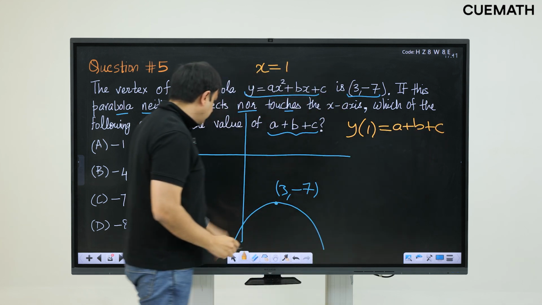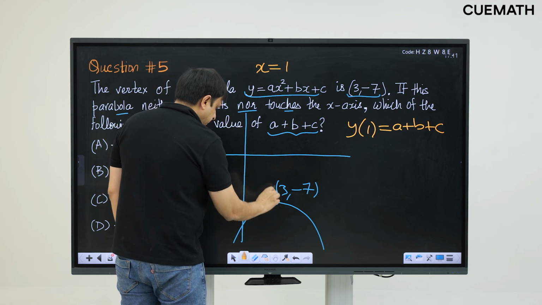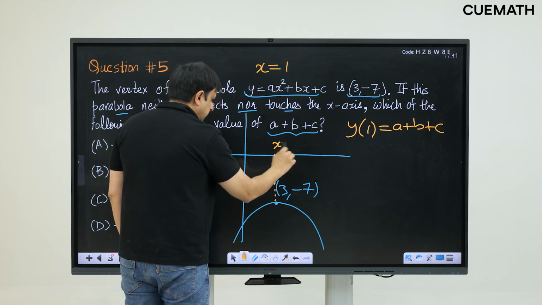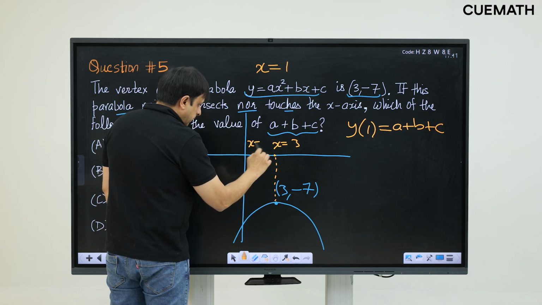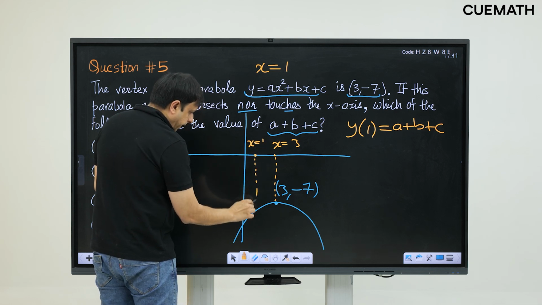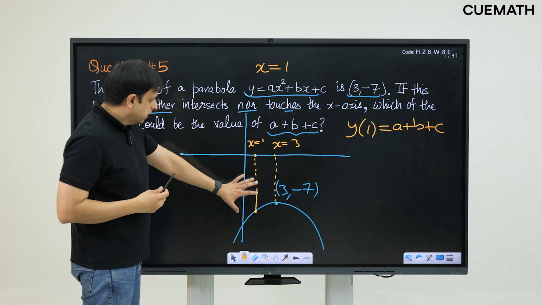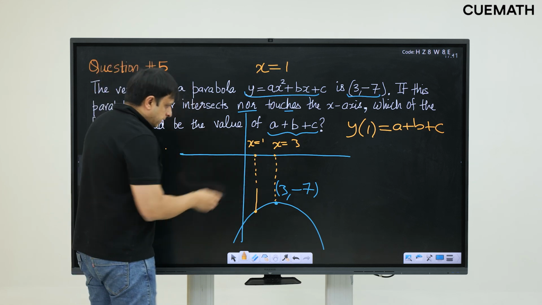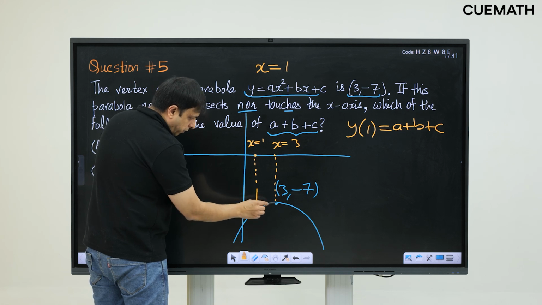So, what that means is that this here corresponds to x equal to 3. If I take x equal to 1 here and think about the y value for this x value, I can immediately conclude from the graph that the y value of this point will definitely be lower than the y value of this point here.